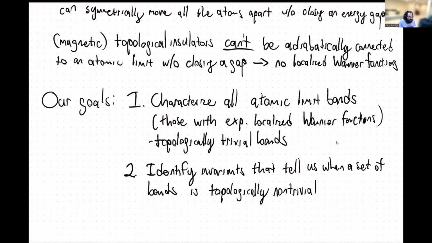Or for certain classes of topological insulators, you can find localized Wannier functions, but they don't respect the symmetries of the space group. So for instance, if the space group has inversion symmetry, you might be able to find exponentially localized Wannier functions, but they don't come in inversion-related pairs. Thanks.